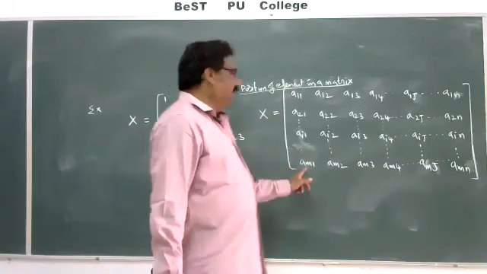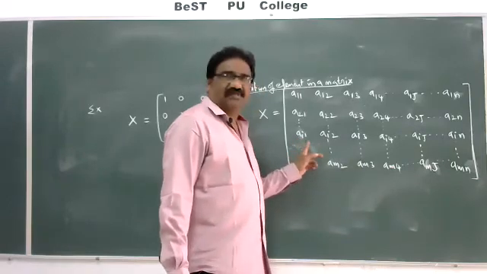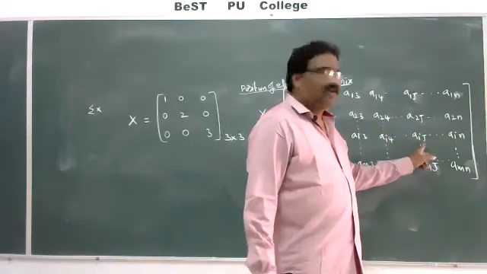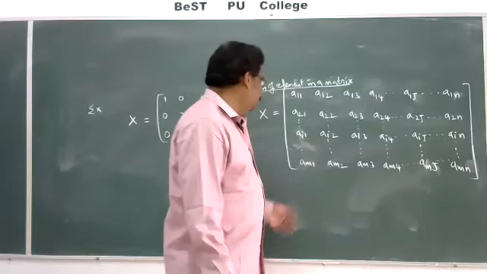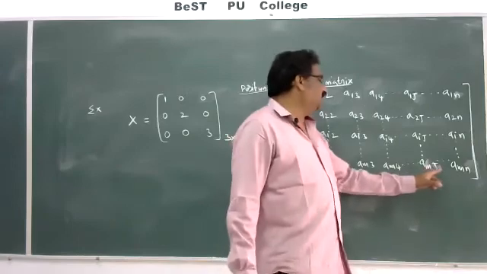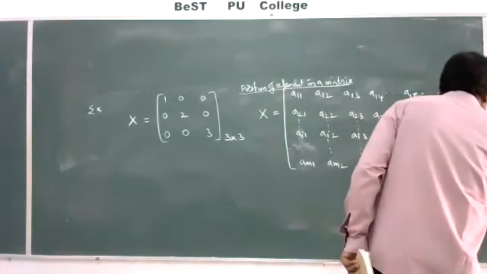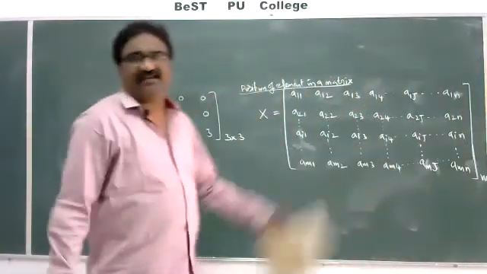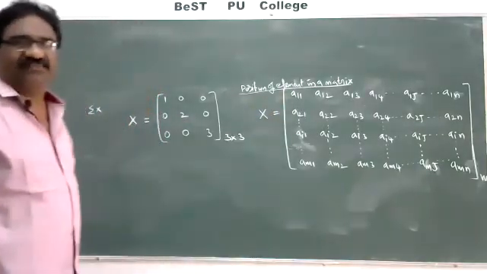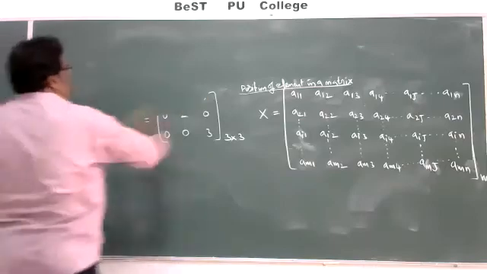Ith row first column, ith row second column, ith row third column, ith row jth column, and ith row nth column. Mth row first column, mth row second column, mth row third column, mth row jth column, and mth row nth column. This is an m by n matrix; the order of this matrix is m by n. Observe this matrix, it represents the position of the element in the given matrix.